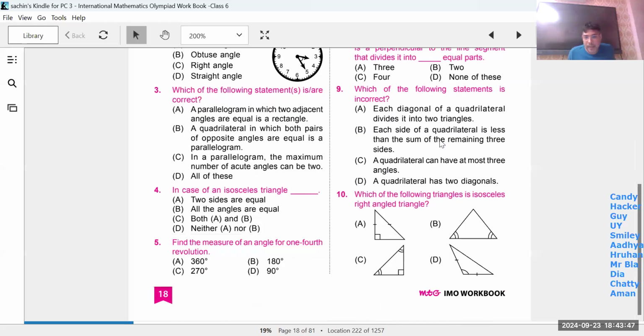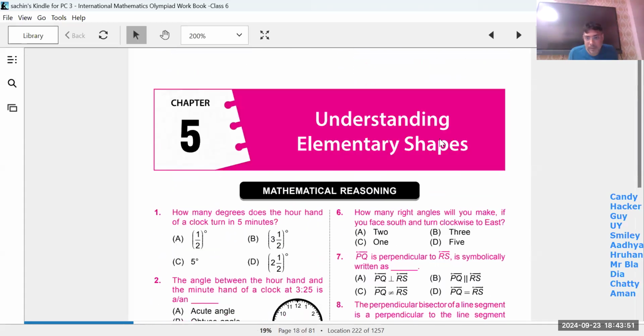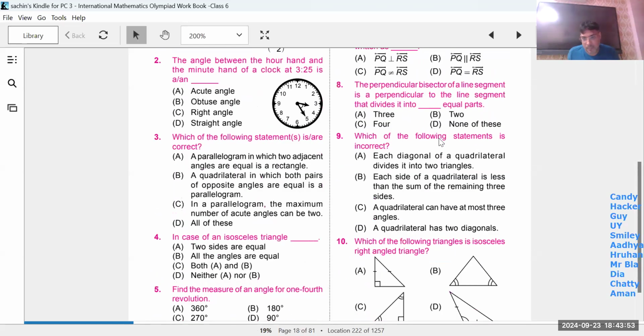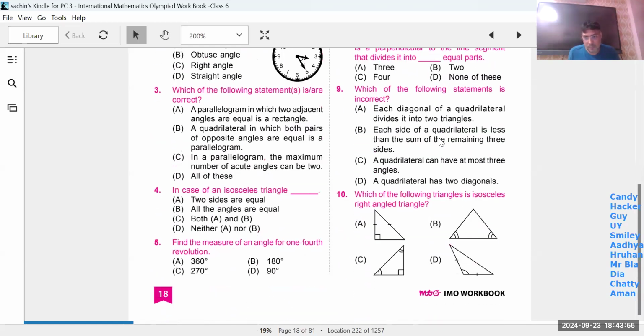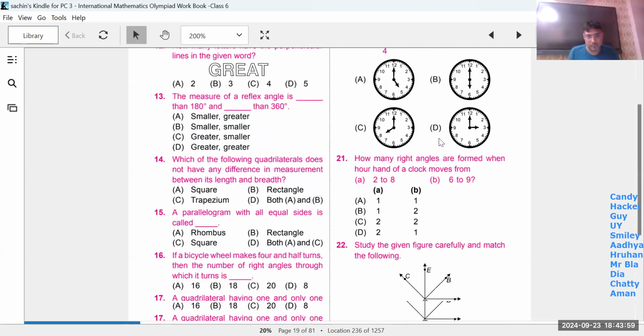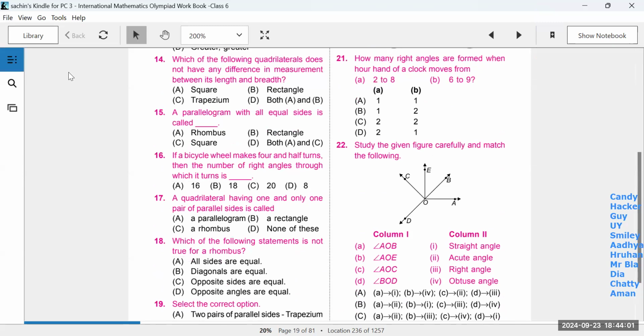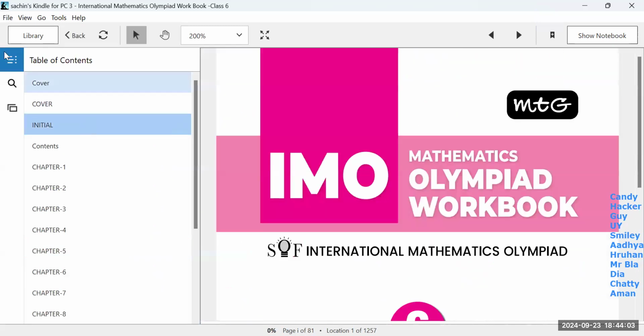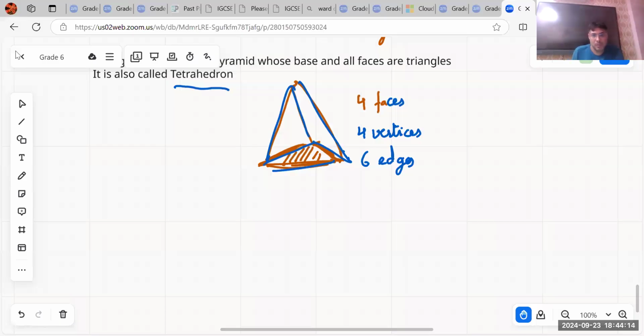Okay, there is an important concept that I will explain to you. I think I have explained this concept in the past also.